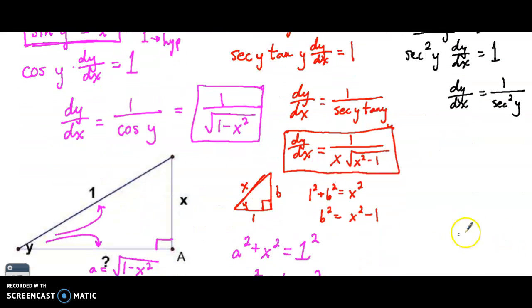So if I draw a triangle, I'm just going to sneak it right here. Poorly drawn triangle. Right here is y. Tangent is x over 1. So if I did the Pythagorean theorem, the square root of 1 squared plus x squared would give me the hypotenuse. And so secant is hypotenuse over adjacent, except we need to square this piece because it's secant squared.